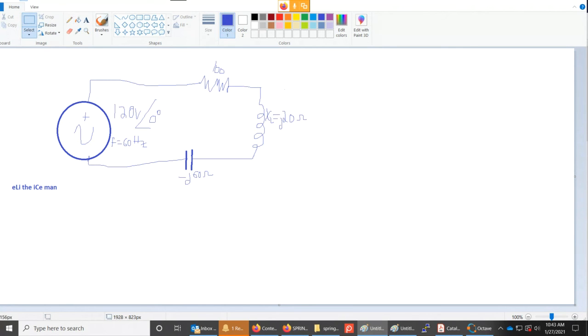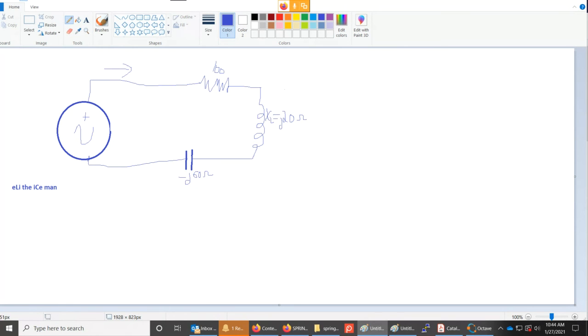And let's see, I don't know what my voltage is, but I know that I have a current, and I'm just going to pick a value.